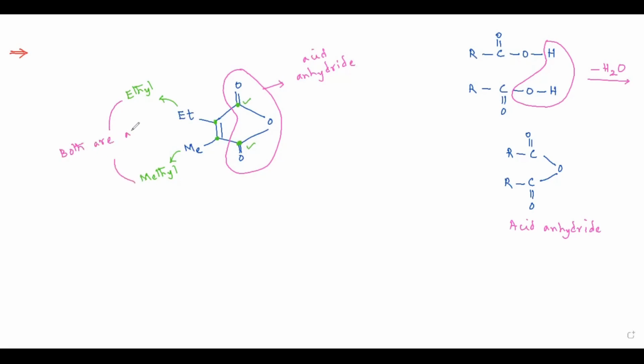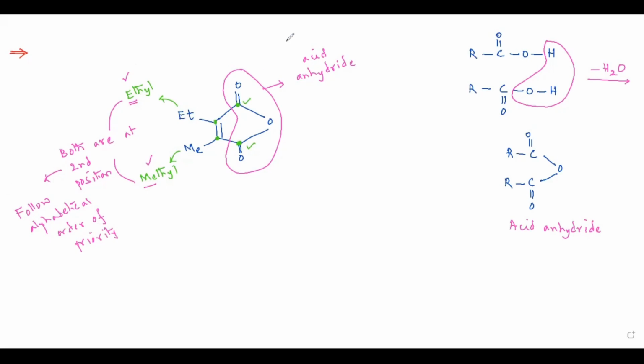When I say competition, it refers to the same position from either side. In such a case, simply follow alphabetical order of priority, because ethyl and methyl belong to the same alkyl family. So which one is given priority? When alphabetical order is followed, obviously E comes first when compared to M.